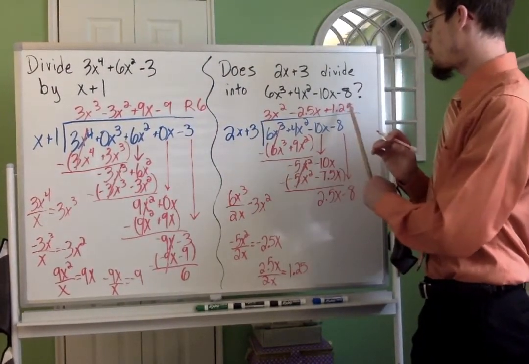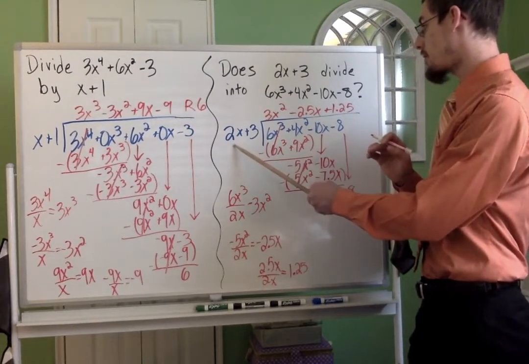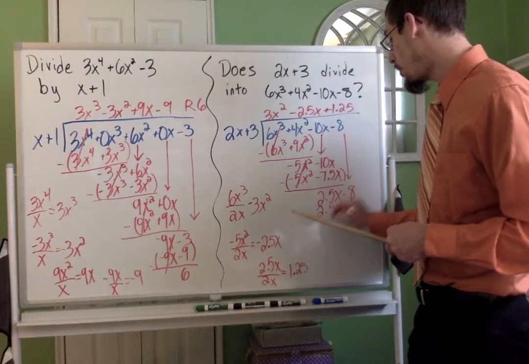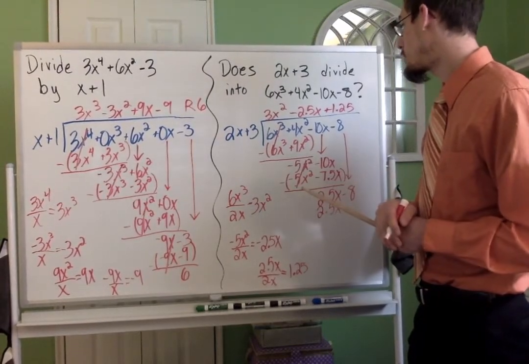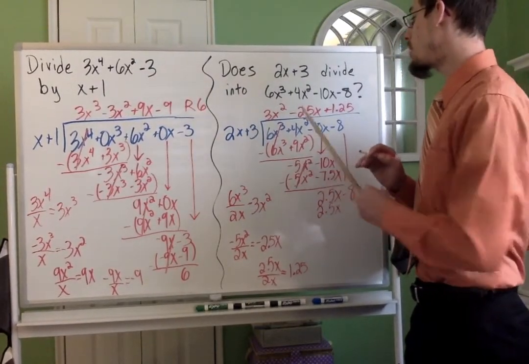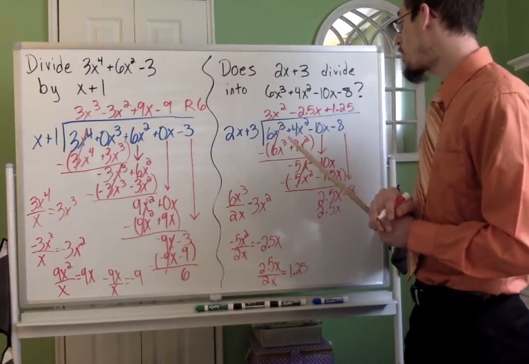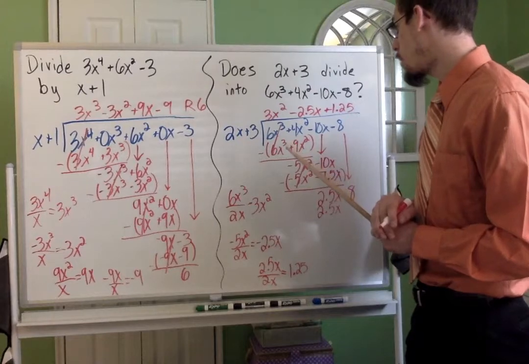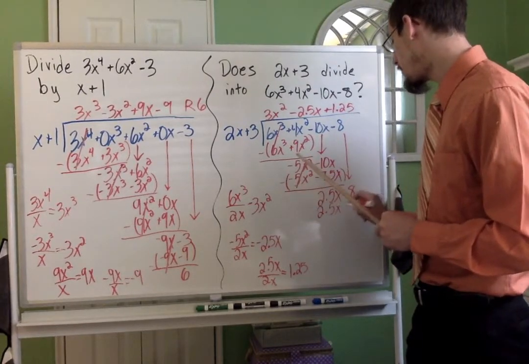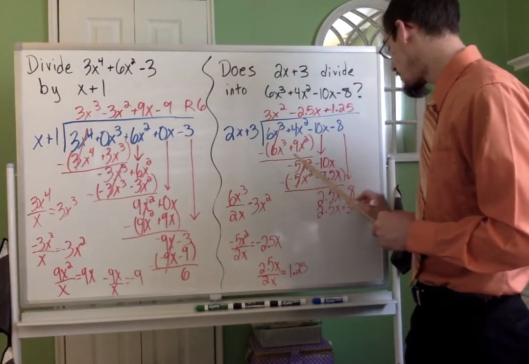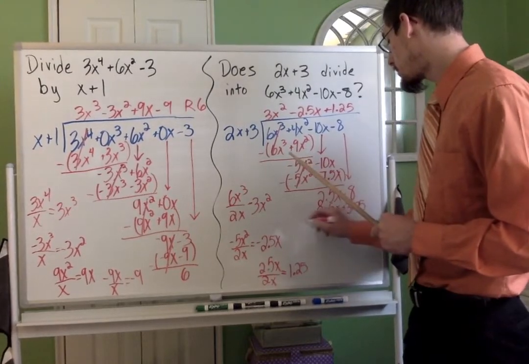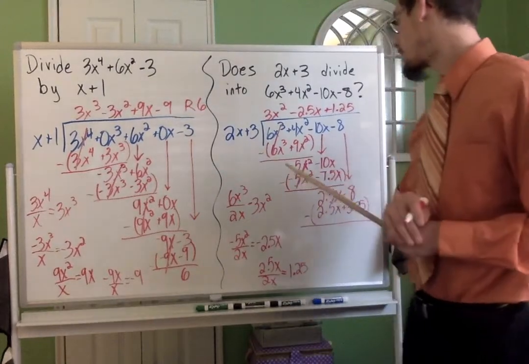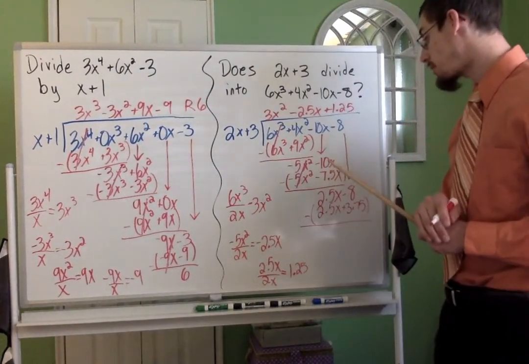Distribute. So 1.25 times 2x is 2.5x. Now 1.25 times 3 is going to give me what? 3.75? And then you have to subtract.